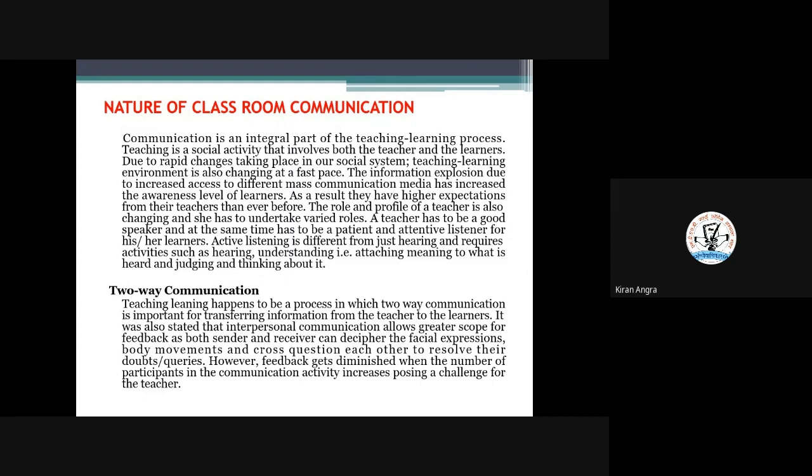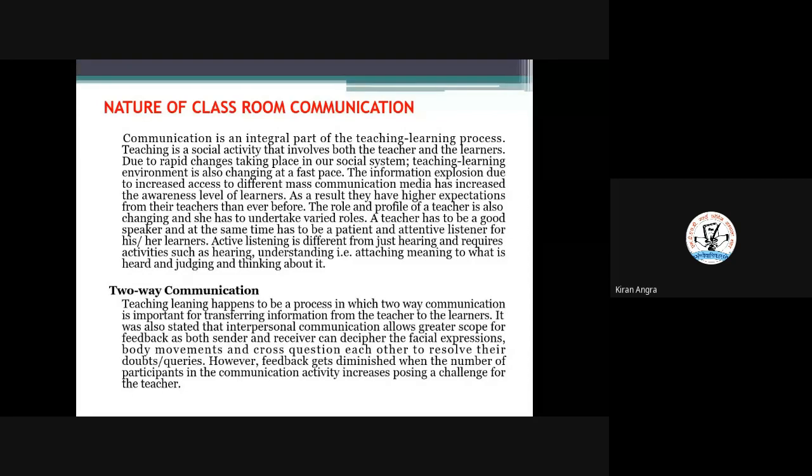We talk that there should be two-way communication, means source to the receiver, and the receiver can talk back to you, so that there is a greater scope of feedback from the receiver to the sender.